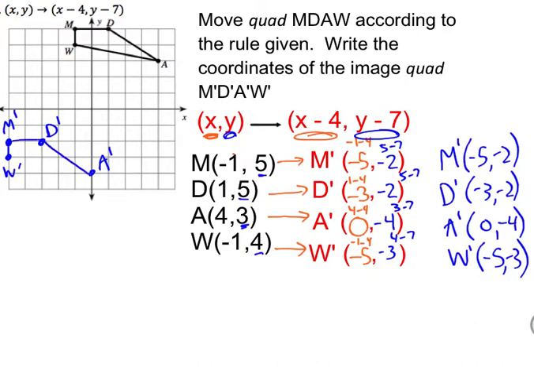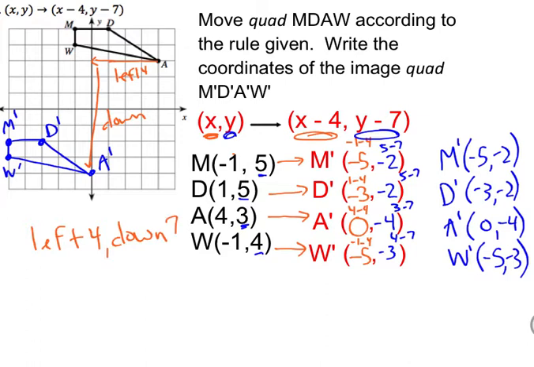And you should notice that these two shapes are congruent. Now let's describe this in words rather than in the coordinate rule. It looks like every one of them went left 4 and down 7. That's left 4 and down 7.